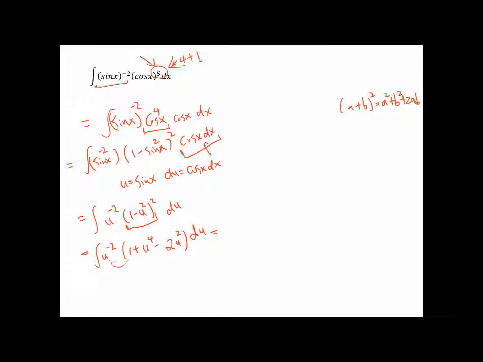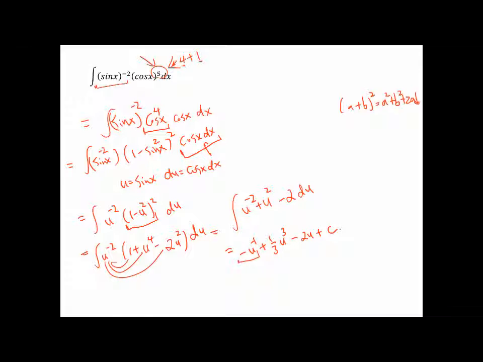And I need to multiply it in. Okay. So u to the negative 2 plus u square minus 2 du. Okay. Solve it. Negative u to the negative 1 plus 1/3 u cubed minus 2u plus c.